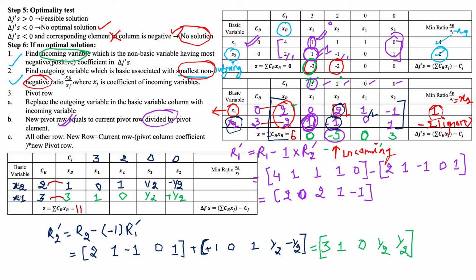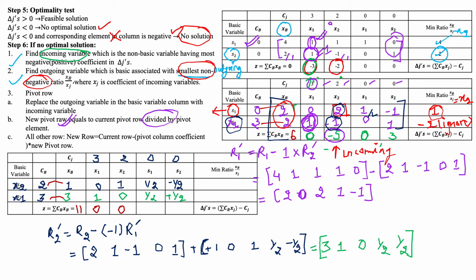Okay, now delta j's I have to calculate. What is the value? 2 into 0 is 0, 3 into 1 is 3, minus cj 3 is 0. 2 into 1 is 2, 3 into 0 is 0, minus 2, again 0.